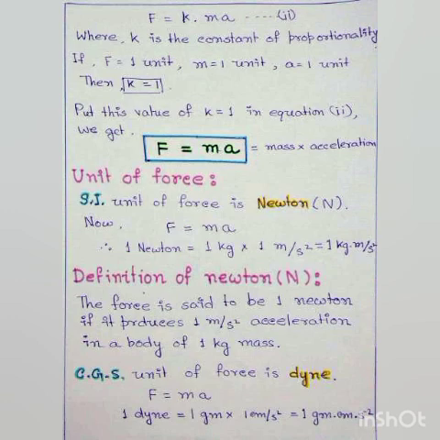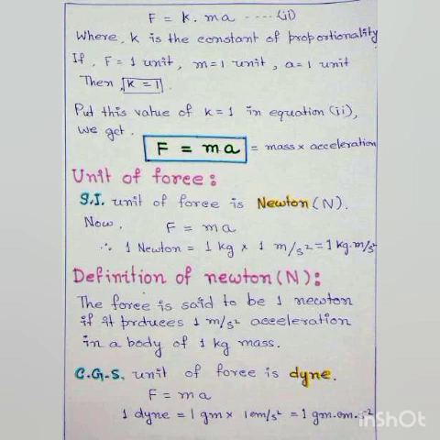Now if we consider the force is 1 Newton, then mass m will also be 1 unit, as we are discussing the SI system. So m will be 1 kg and acceleration a will be 1 meter per second square, means 1 kg meter per second square.